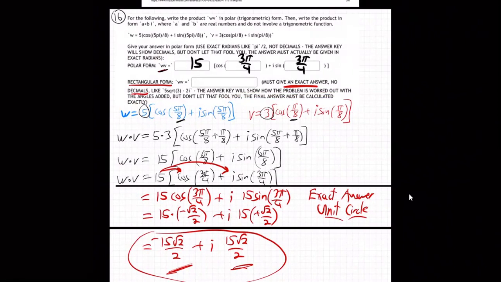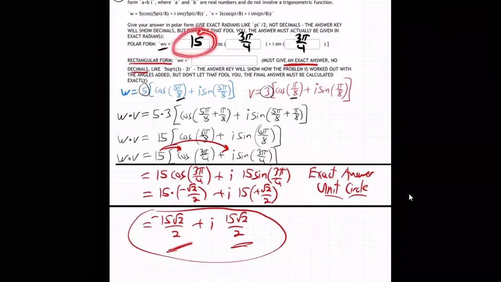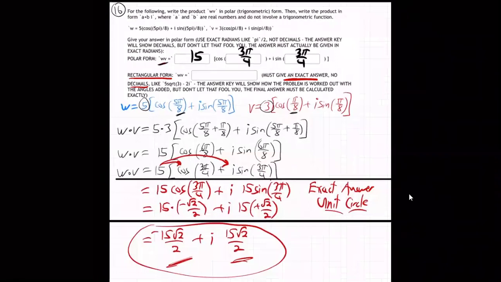Don't let that fool you. You must give exact radians, and you must give an exact calculated answer like I just did: 15, 3 pi over 4, and exact answers there. So where do we always get our exact answers? From the unit circle. So there we go.